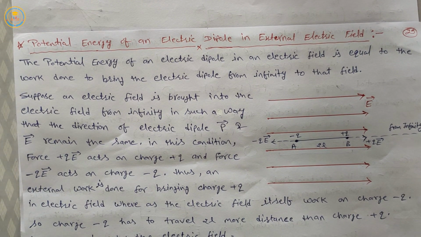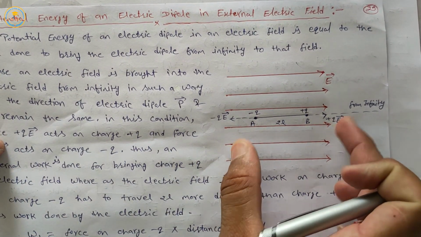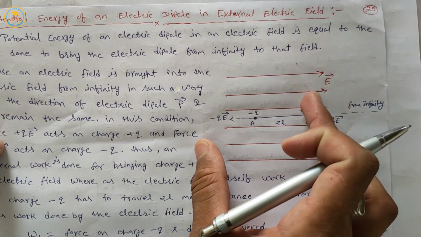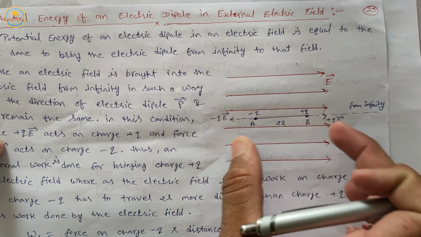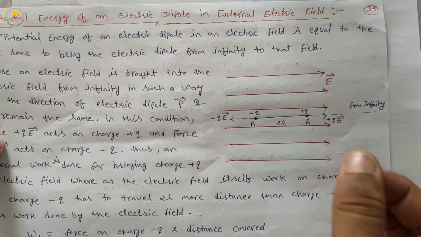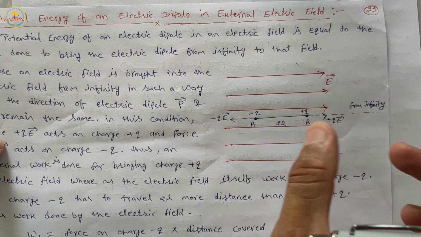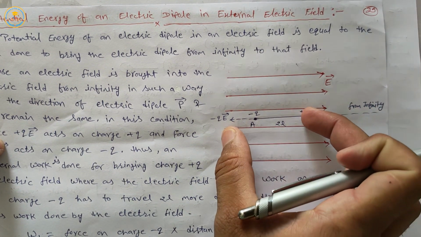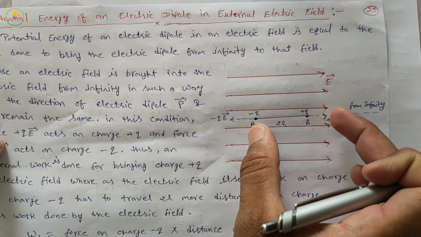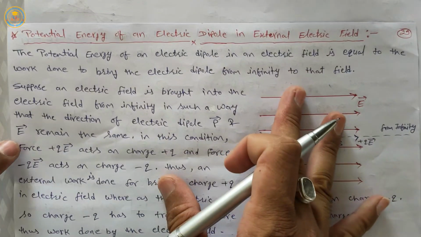So we can say here, if we have a uniform electric field E vector and an electric dipole AB, and we bring this electric dipole AB from infinity into this electric field, then the total work done is equal to the electric potential energy.